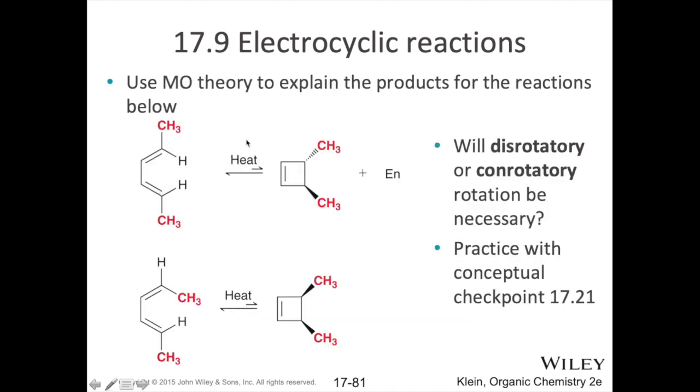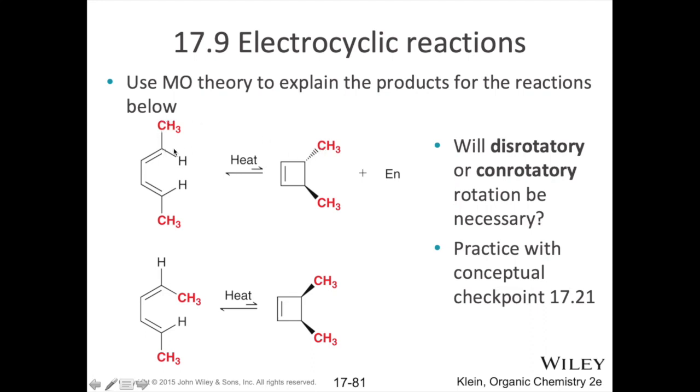Okay. So here you can kind of see the effects of different starting positions on those methyl groups for what we observe. So, for example, here, in both cases we have a disrotatory rotation, right? And so if this one moves, oh, sorry, not disrotatory. This is going to be conrotatory, as we're going to see in a second. But we can see here that this methyl group winds up pointing away from us.